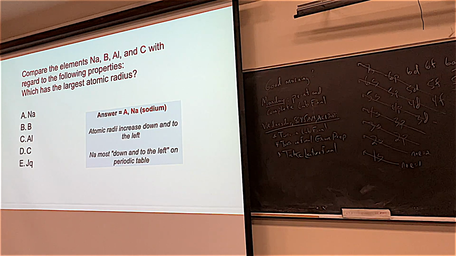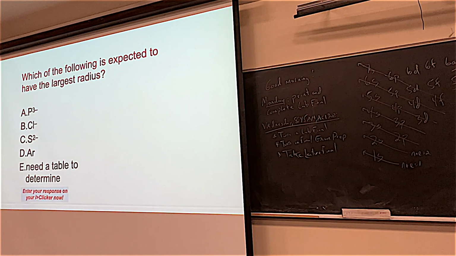This works for ions as well. So if it was sodium plus, magnesium plus, sodium would be most left and down. Here's just another one, but this one is with ions. You don't need a table. You just want the one that's most left and down. So all of these are on the same period.